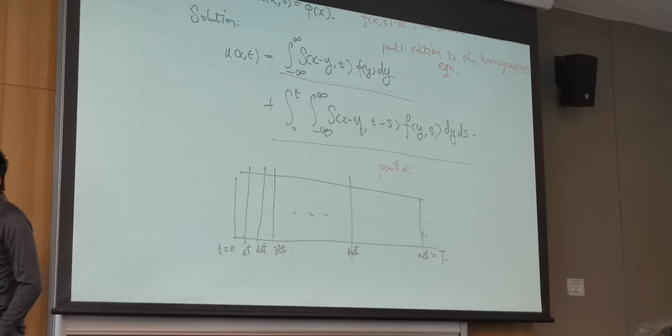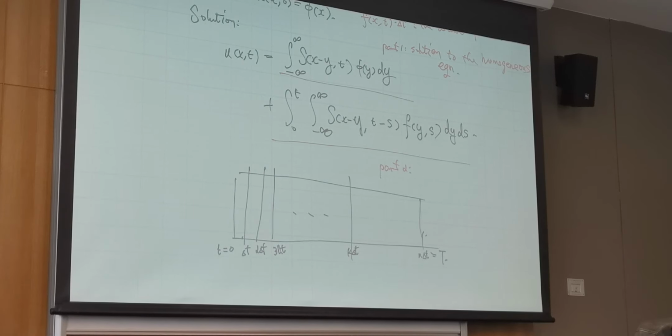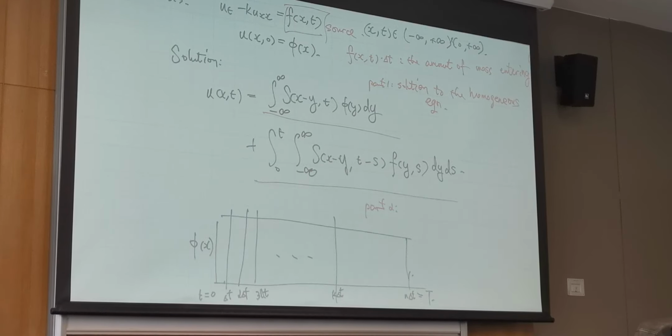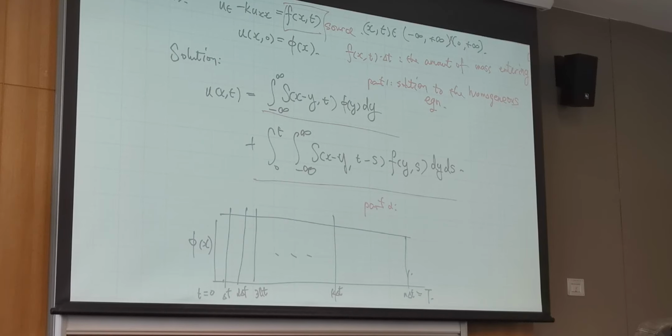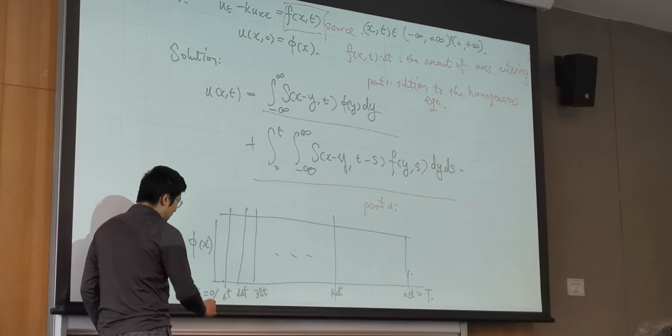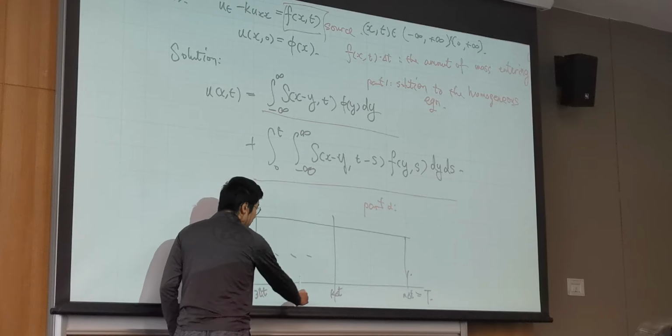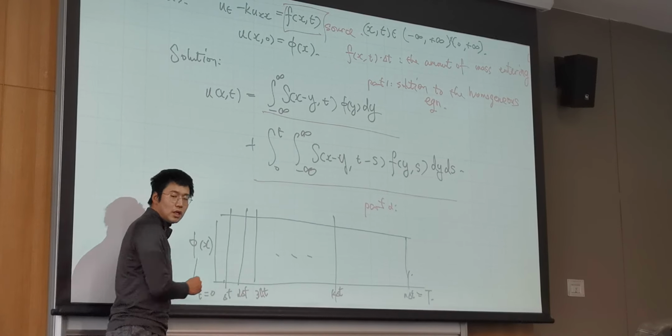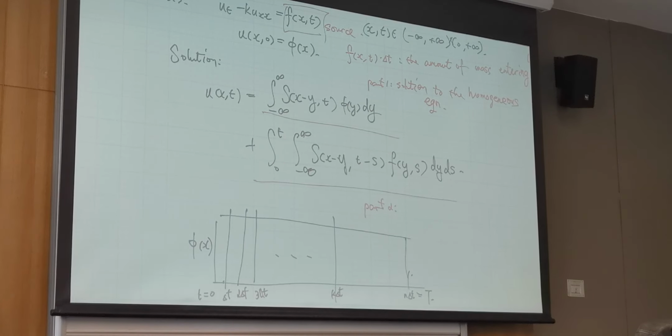We were supposing that initially we had something, which was our phi x, at the very beginning, and that the mass entering the system will only come in at delta t, 2 delta t, 3 delta t, in a discrete fashion, only on the time grids.